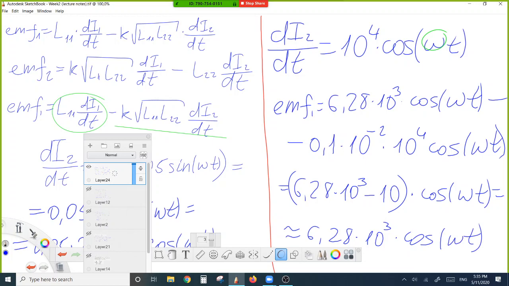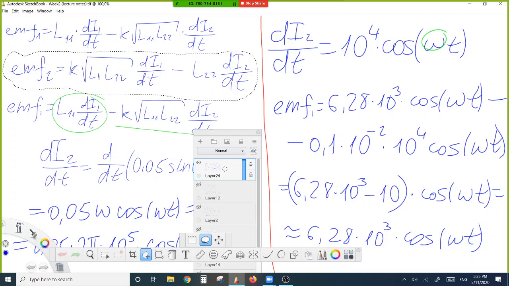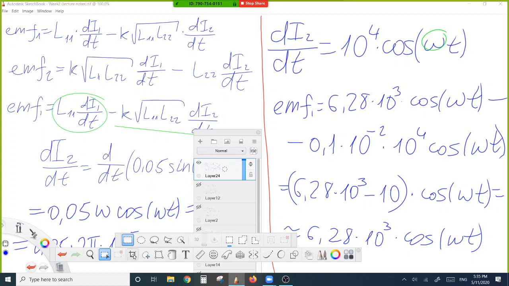Okay, now let's switch to electric motive force 2.